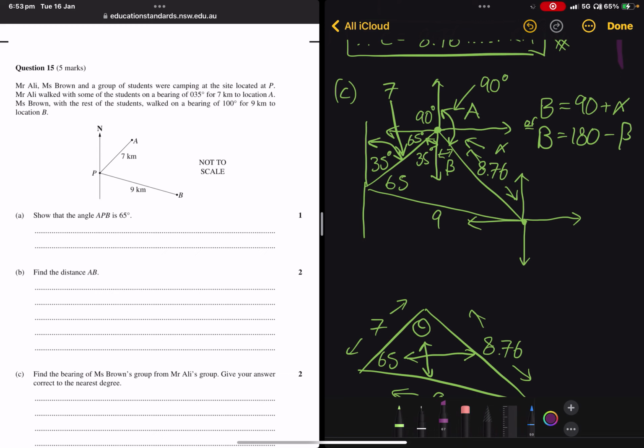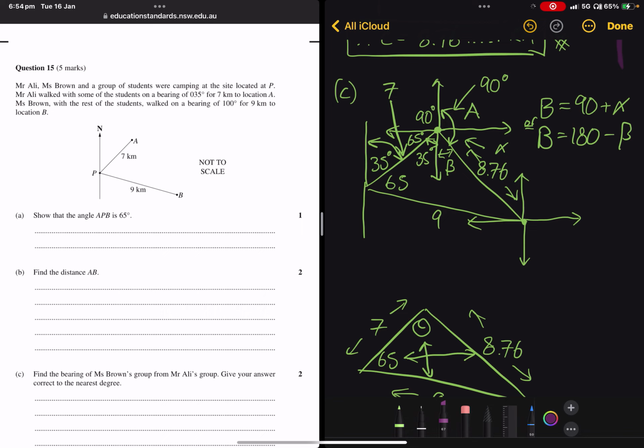Now when we go down to C, it's a little bit more complicated because there's quite a few different ways to do it depending on how you think about the problem. You get 1 mark for finding one of the angles in triangle APB which you don't already have. So you have 65, that's one of them. If you can find another one, you get a mark, or equivalent merit. And that will really mean if you have some substantial working that's getting you close to finding the bearing, but not quite getting you the bearing.